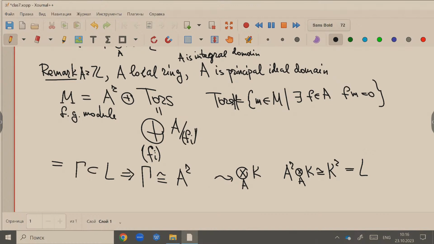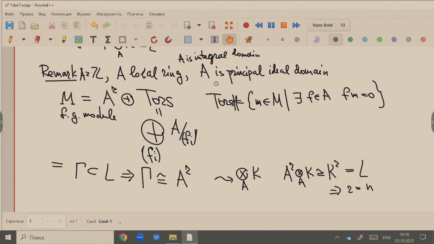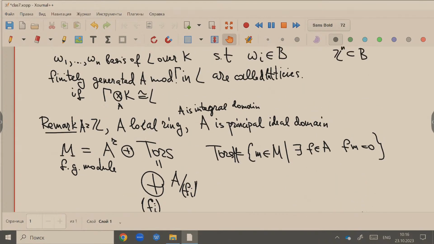If it is the whole L, this implies that r is equal to n, of course, because here we have the bases. And so this tells you that these lattices have full rank.